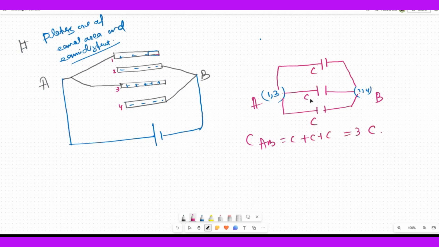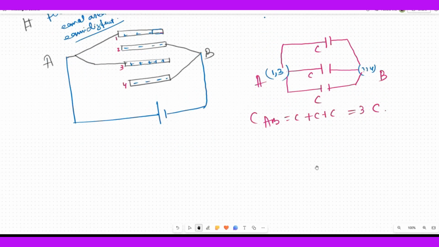This is equal to 3C. Now suppose this connection is made in such a manner that all alternate plates are connected to one terminal of the battery.